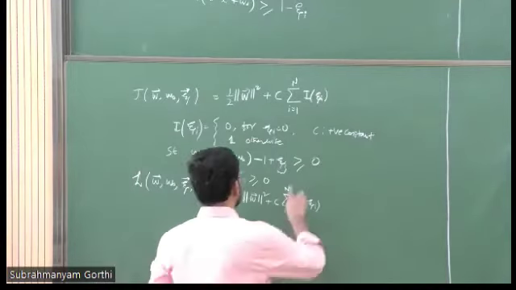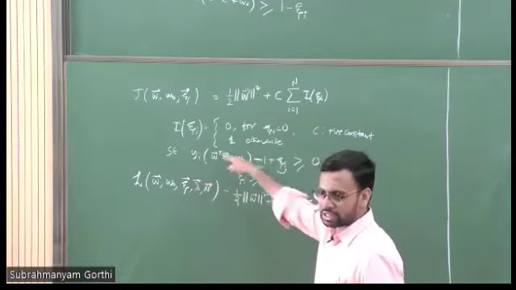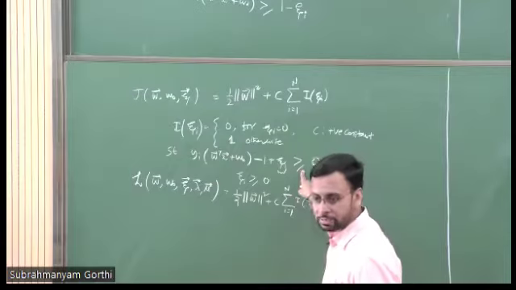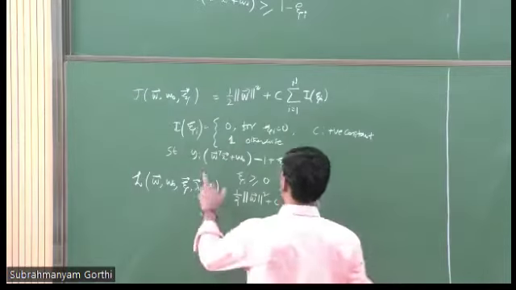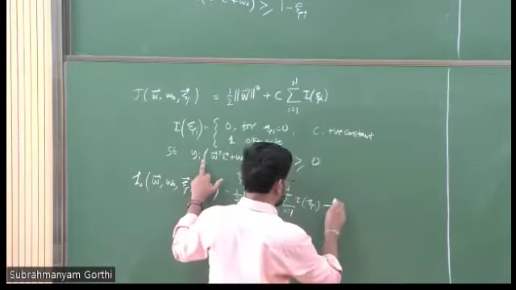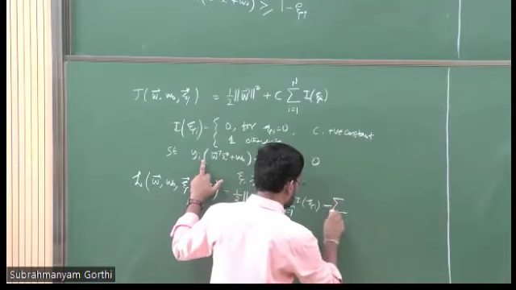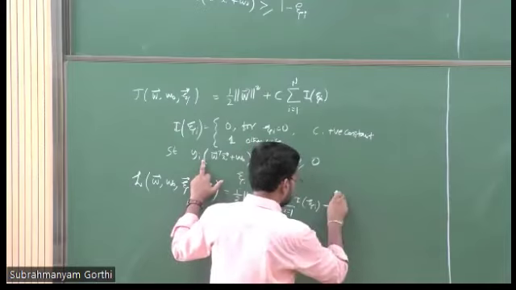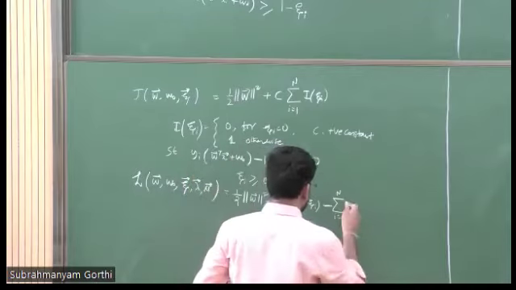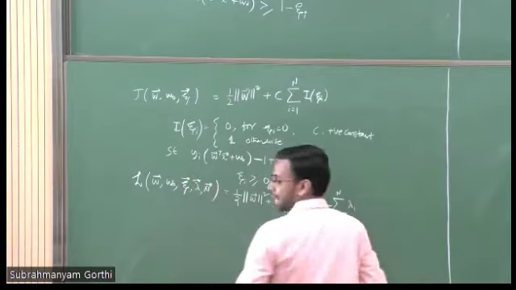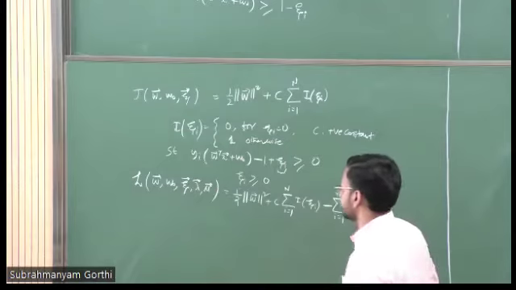then what should I do for this? Negative I should take, right? This greater than or equal to 0 is a maximization problem, and I want a minimization problem. So minus summation, you go through all points. For each one, you give a weightage of lambda I for each of those constraints.